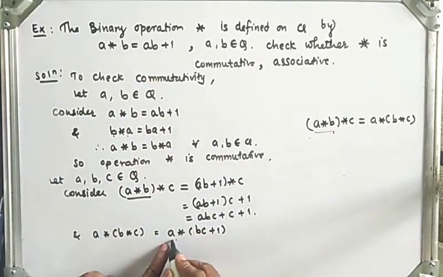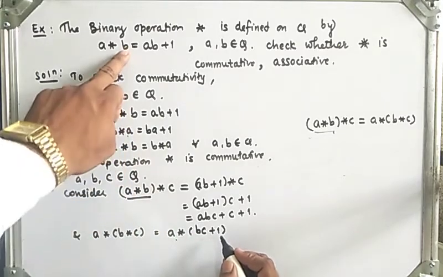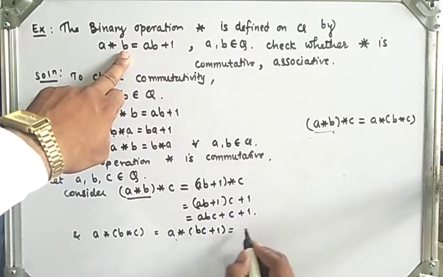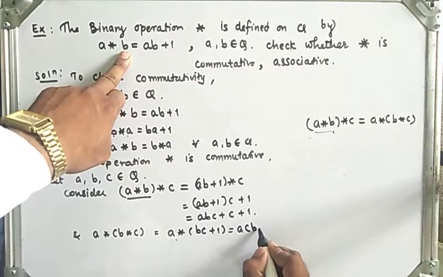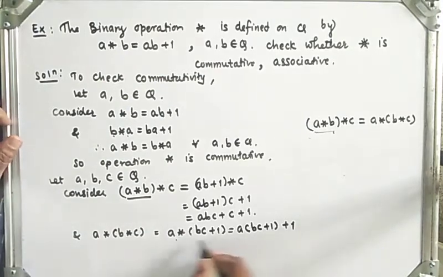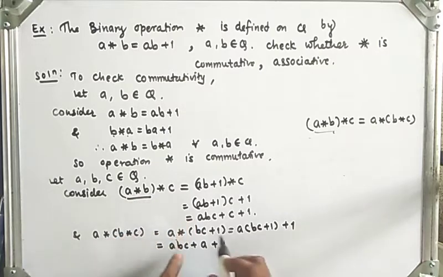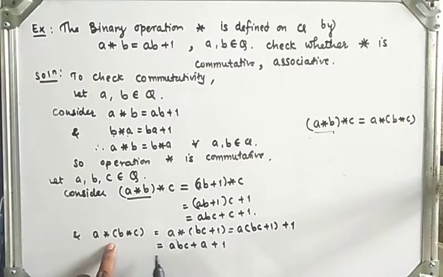So here A is the first element and B into C plus 1 is the second element. By using this property we get the product of these two numbers, A into (B into C plus 1) plus 1. After solving this we get A into B into C plus A plus 1. So (A star B) star C has the value A B C plus C plus 1, and A star (B star C) has the value A into B into C plus A plus 1.